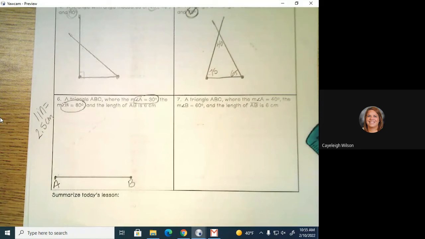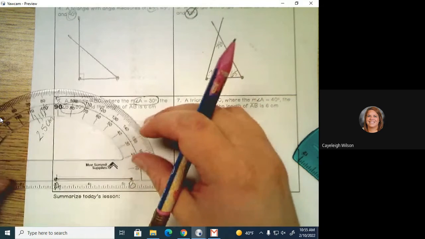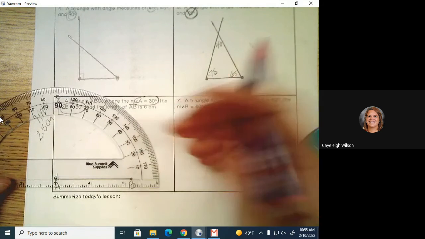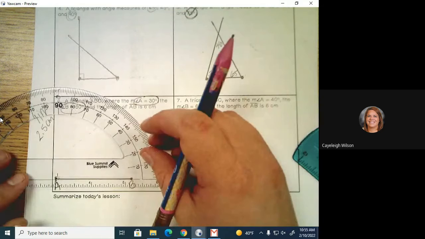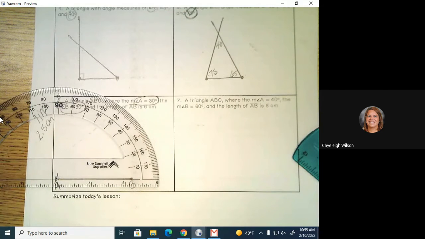So I want you all to take your protractor and put angle A on there. So what did we say angle A was? 30. So why don't you all put 30 degrees on angle A?